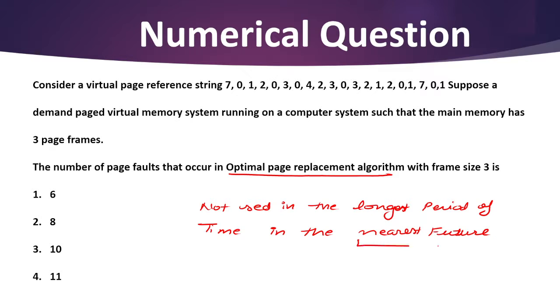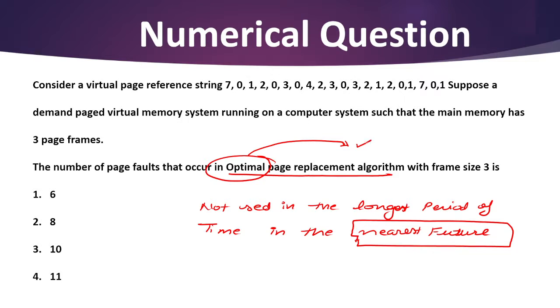Okay, so you need to remember this particular statement, that is nearest future. Whenever we talk about optimal page replacement algorithm, that means we have to check the nearest future value, and according to that value you can easily replace any value in the frame.